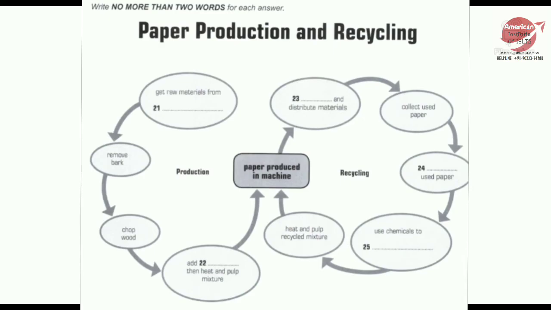Yes. So, once the paper has been produced in the machine, what happens then? Well, I think we should write print as the next step, because this is when newspapers, magazines, etc. are produced. And we could also add that they have to be distributed to stores and people's homes.